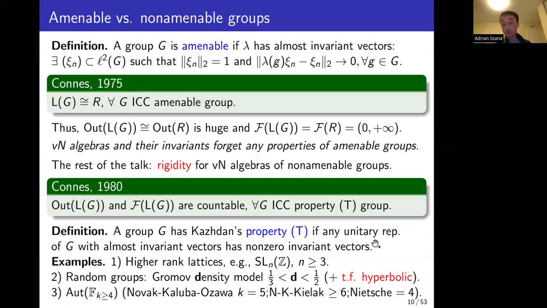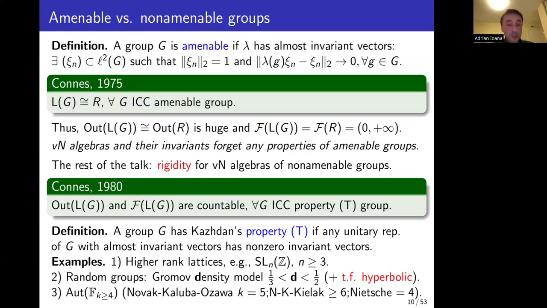And although this is a very strong property, it is satisfied by many groups. So the classical examples, already due to Kazhdan, are the higher rank lattices, such as SL_n(Z) with n at least 3. Also, random groups, for instance, random groups in Gromov's density model, where the parameter D in the density model is in the open interval (1/3, 1/2).